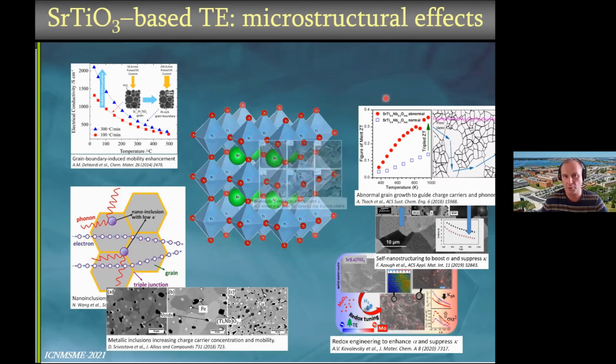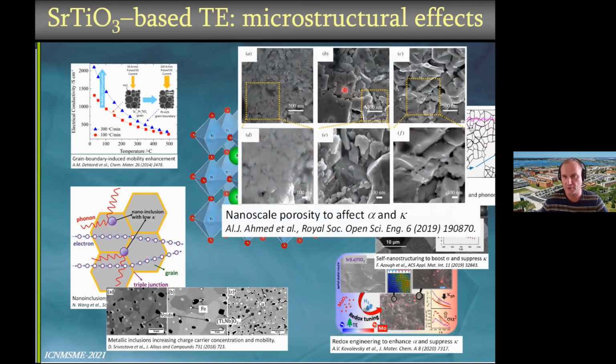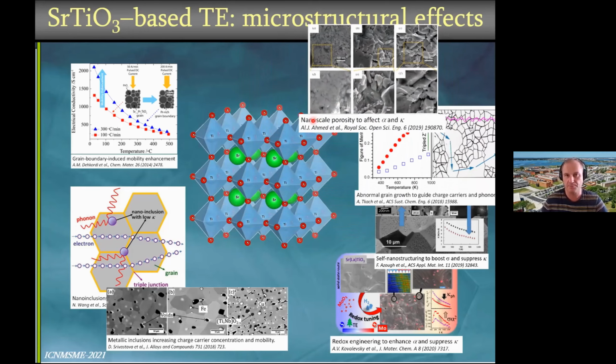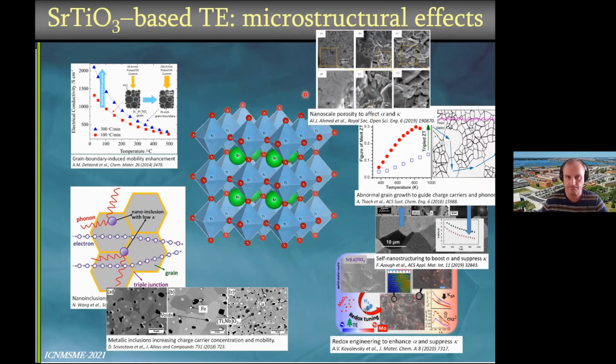Another approach is the creation of nanoporosity, which is expected obviously to be beneficial for suppressing the thermal conductivity. Somehow it also affects the Seebeck coefficient, although I'm not quite convinced by the evidence given in this paper. So there are a number of approaches, and of course, these are only a few, not all, which are being used.